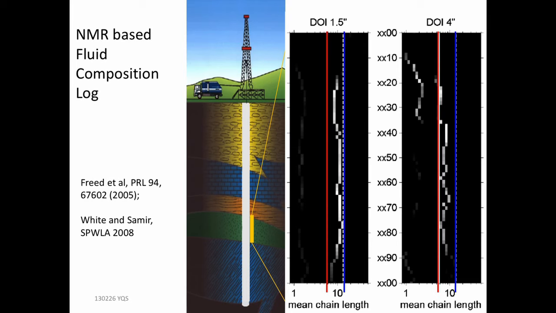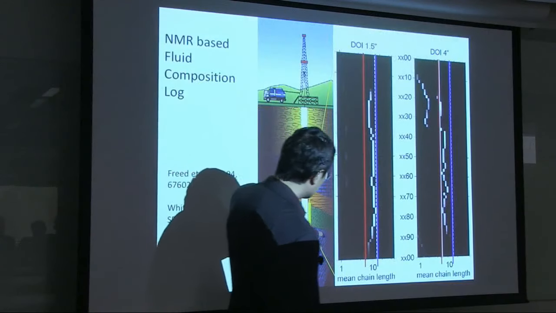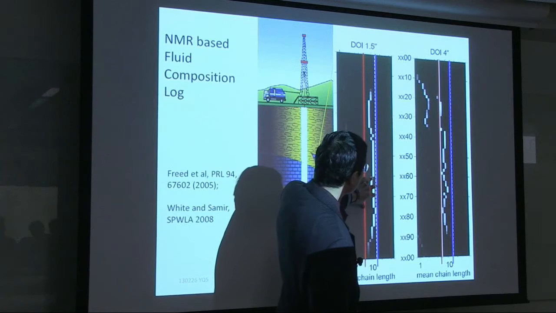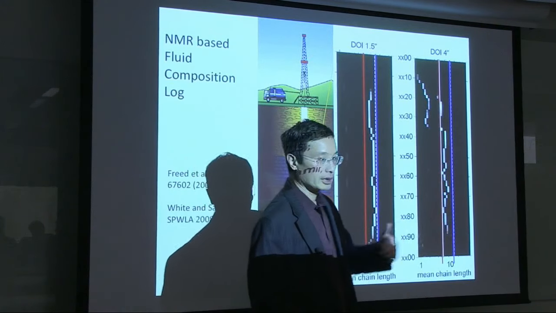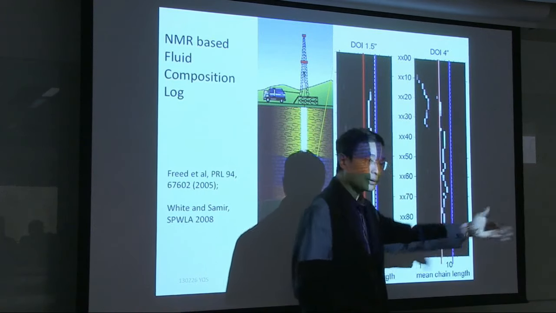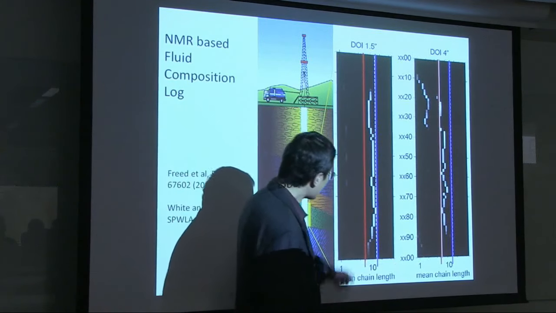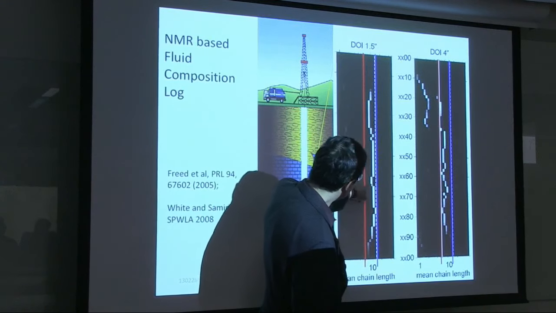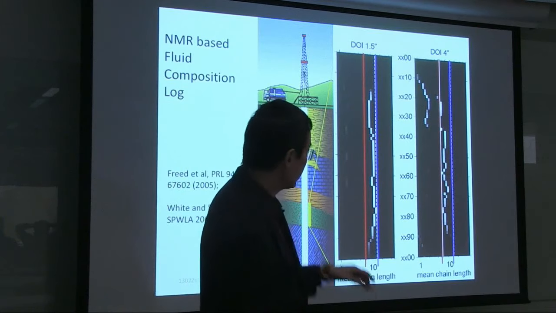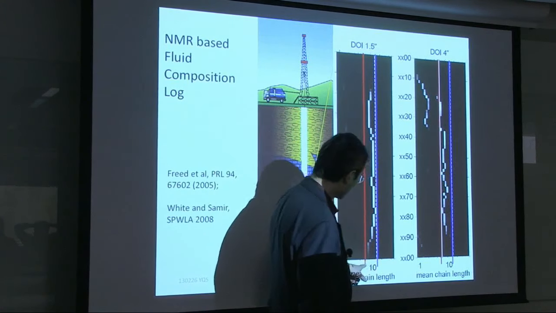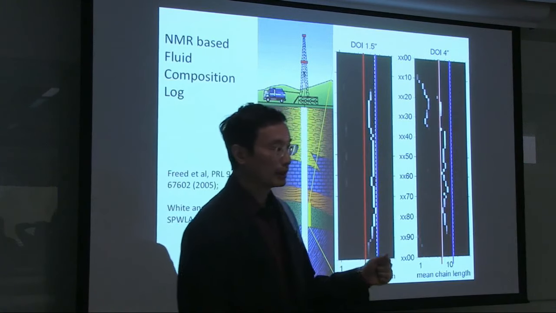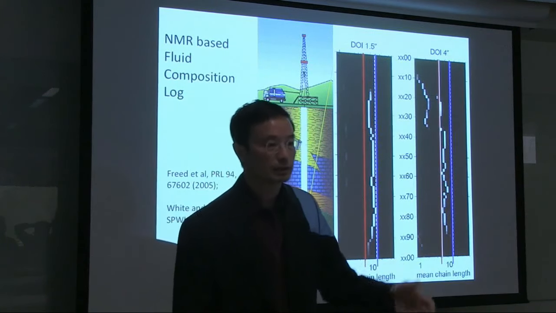So this is one example in the North Sea where we did these diffusion measurements. This is at a shallower depth of investigation, like 1.5 inches into the formation, and the other track is 4 inches into the formation. These white lines are the average molecular weight, and of the two lines, the red line is the molecular weight of the native fluid, and the blue is the molecular weight of the drilling mud.